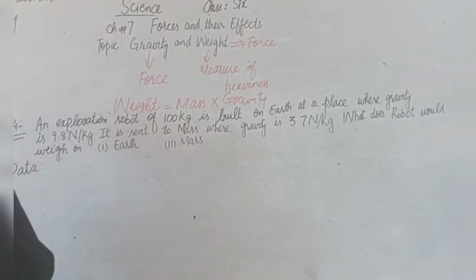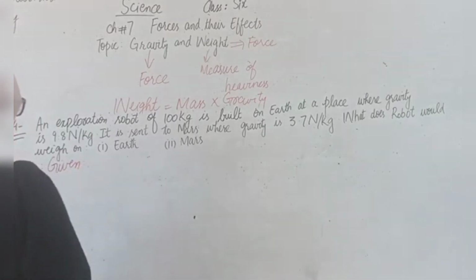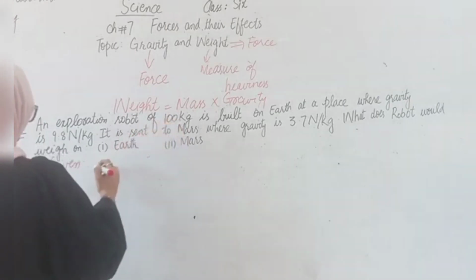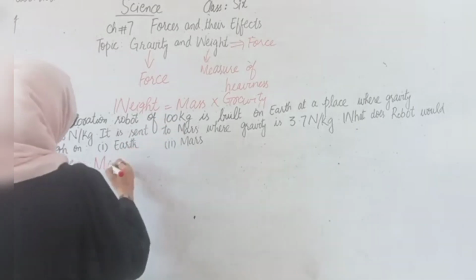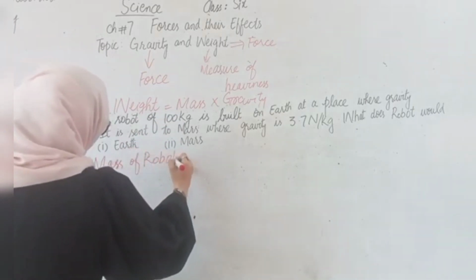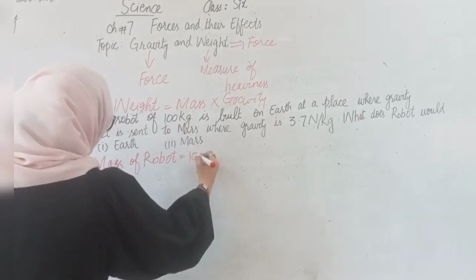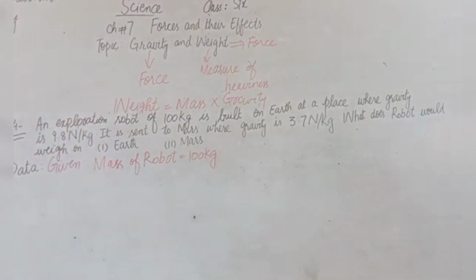In our data, we write two things, given and required. We have given the mass of the robot, that is 100 kilogram, and we have given the gravity for Earth.